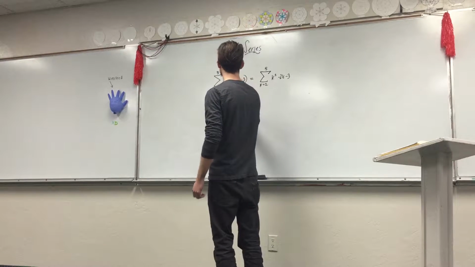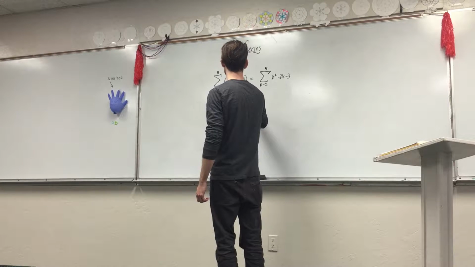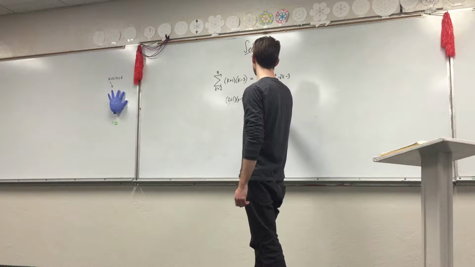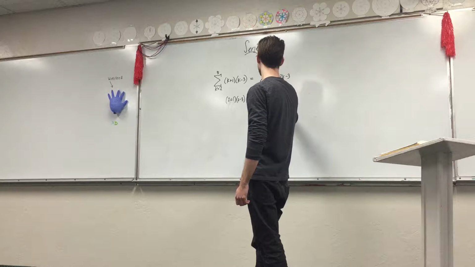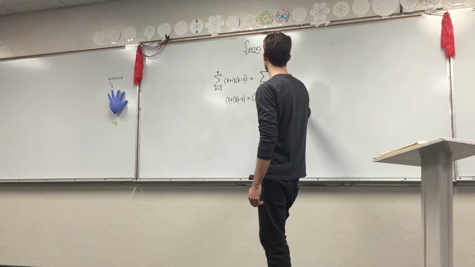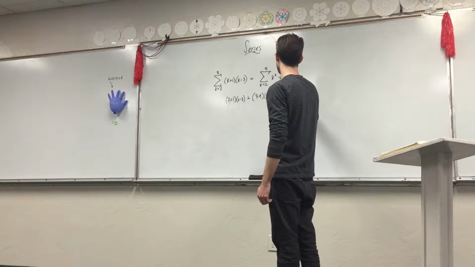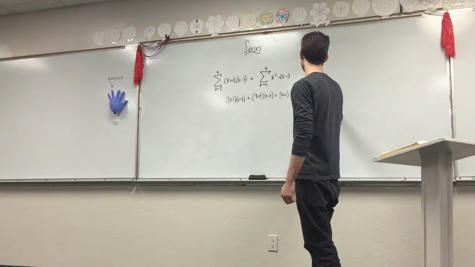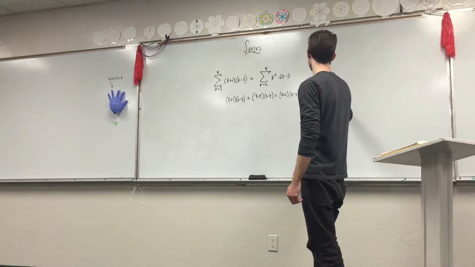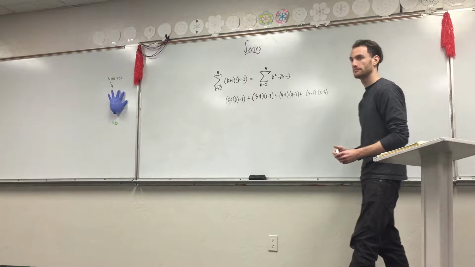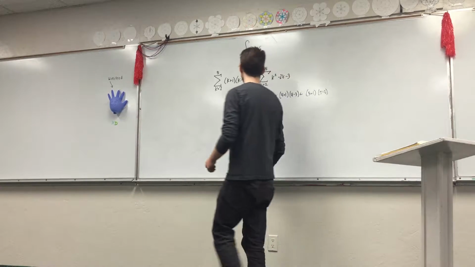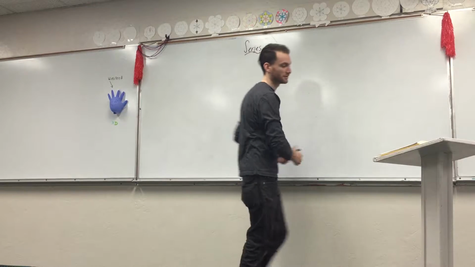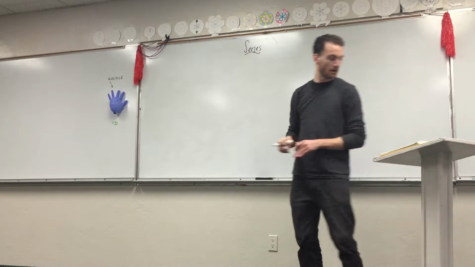Let me write it. (2 plus 1) times (2 minus 3), then I'd add to that, plug in 3, (3 plus 1) times (3 minus 3), then add to that (4 plus 1)(4 minus 3), and then I add to that (5 plus 1)(5 minus 3). Pretty straightforward. Good? Okay. It's probably actually the smartest way to do it. I'm glad you mentioned that.